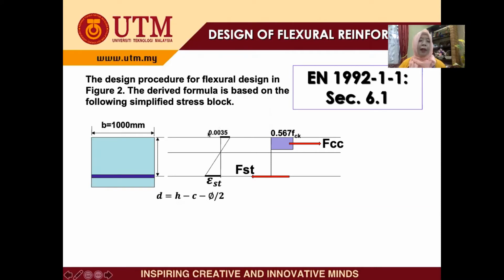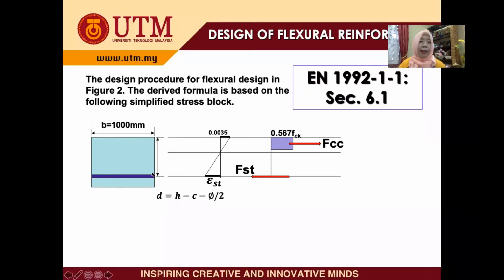So we assume that during ultimate limit state, the concrete at the outer layer here reaches strain 0.0035, and at the steel level here is epsilon st. This is the strain of the steel, and we have the force here, the force for the stress block.